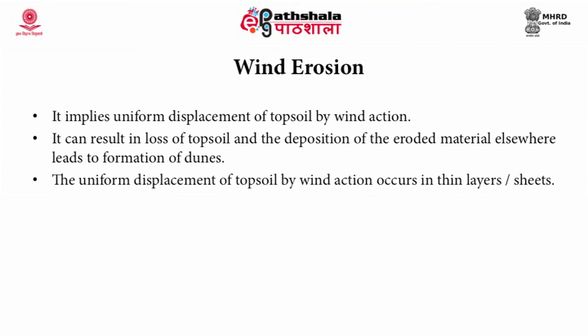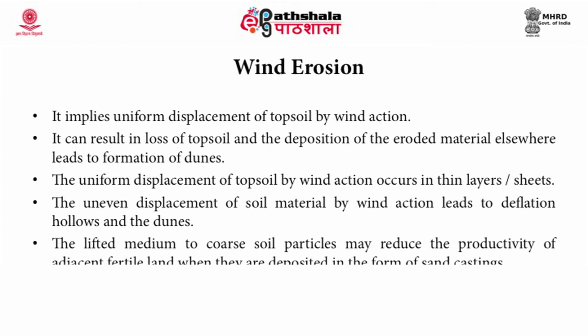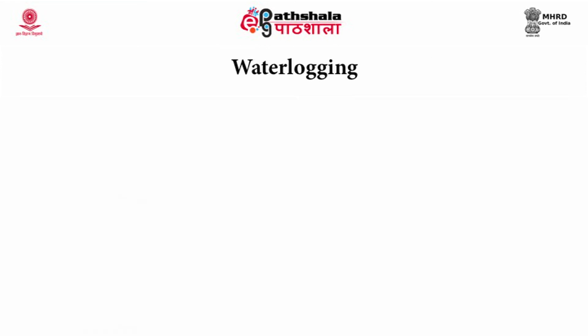The uniform displacement of topsoil by wind action occurs in thin layers or sheets. The uneven displacement of soil material by wind action leads to deflation hollows and the dunes. The lifted medium to coarse soil particles may reduce the productivity of adjacent fertile land when they are deposited in the form of sand castings.